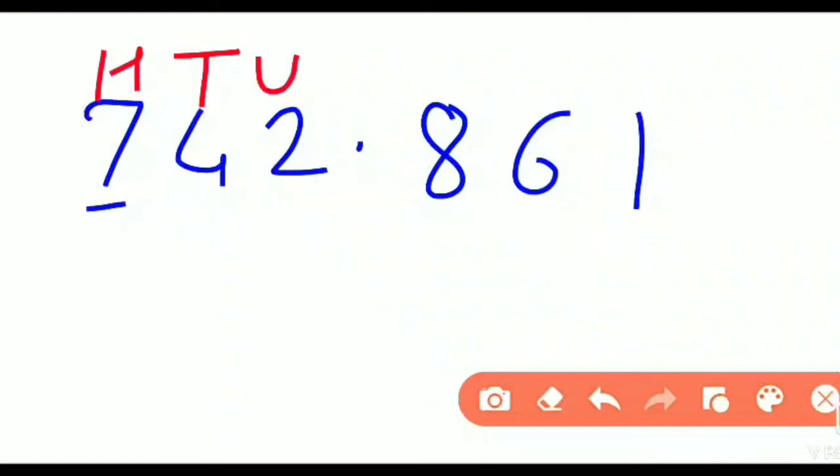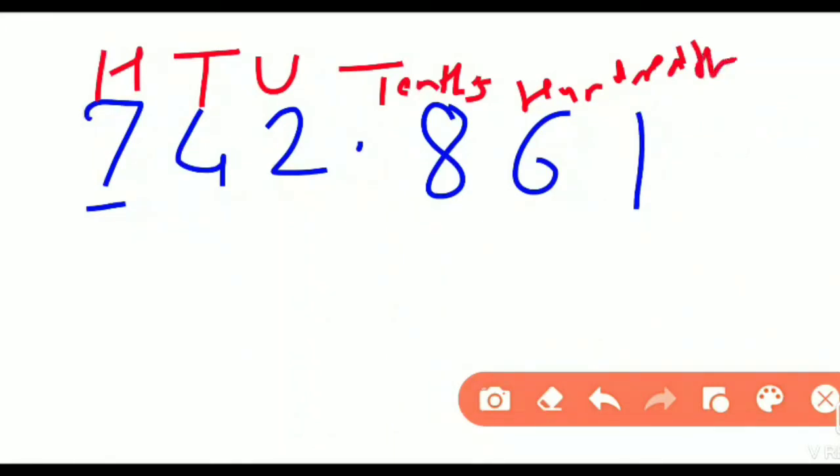Just keep this in your mind. This is the tenths place, this is the hundredths place, and this is the thousandths place.